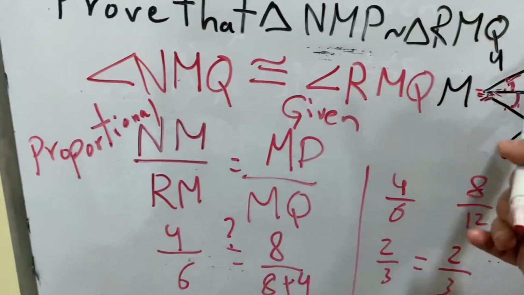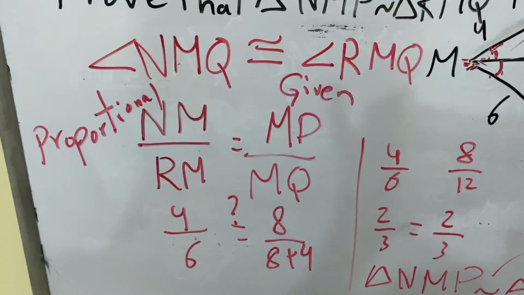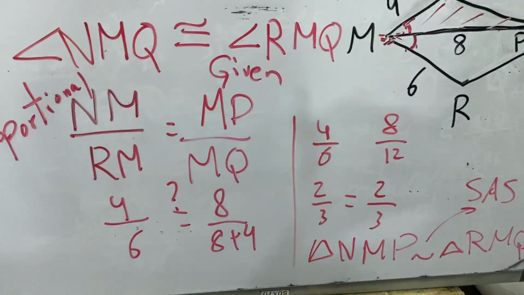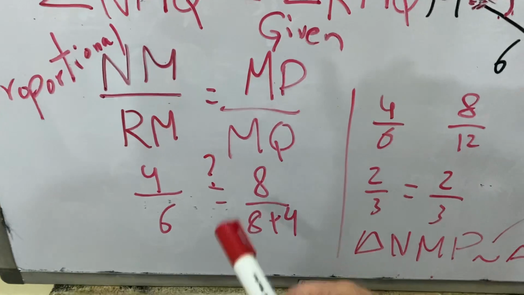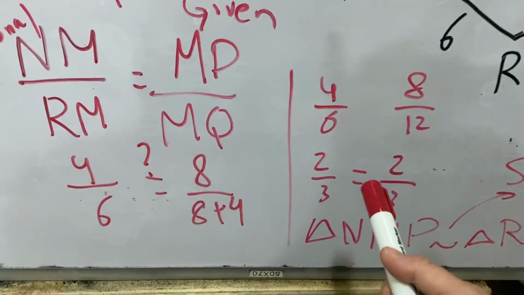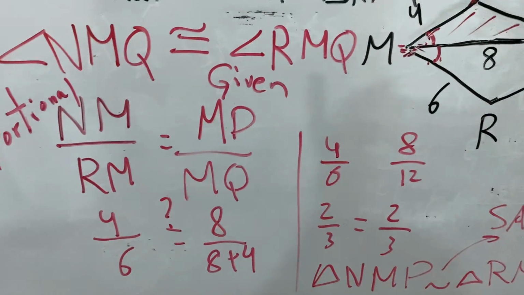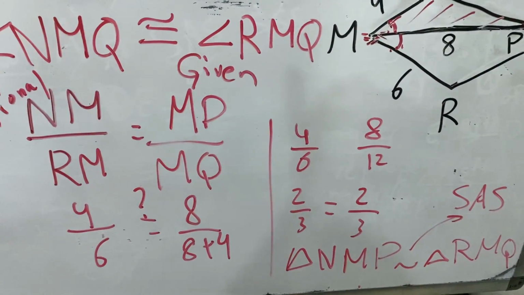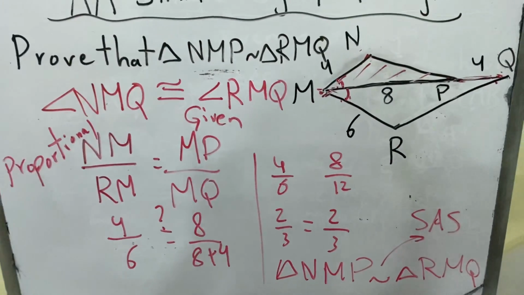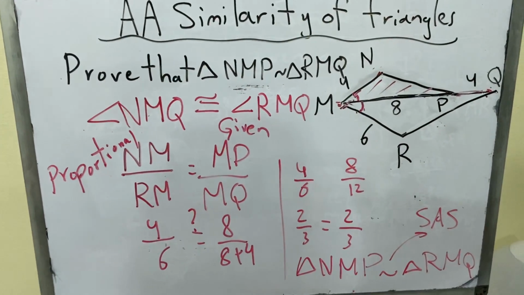The angle was already given, then I checked the proportional sides, and they are equal to each other. So the sides are proportional and the angle is congruent. Can I say these two triangles are similar? Yes, by side, angle, side. This is all. Thank you.